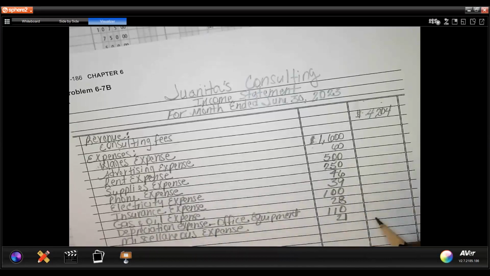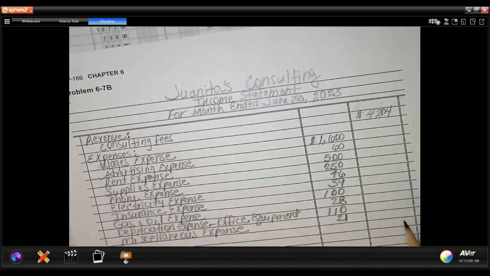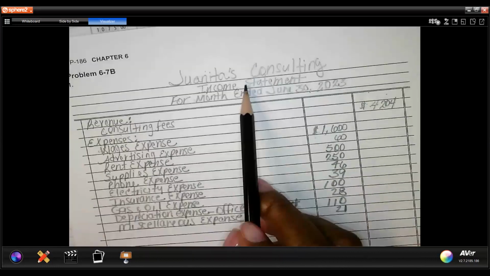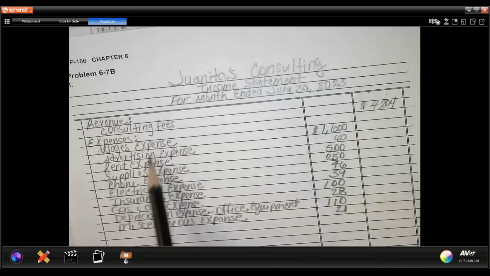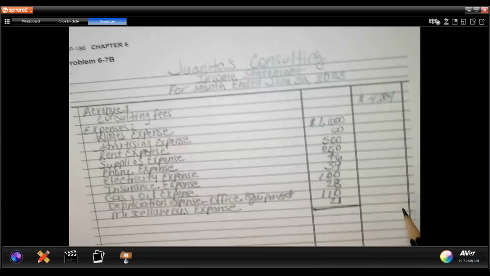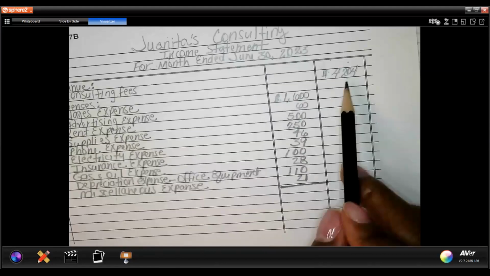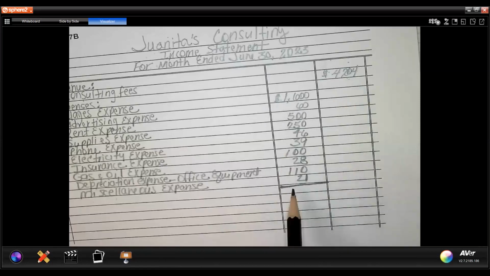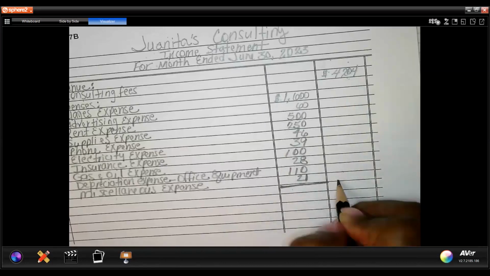So as you can see on our income statement, we listed our revenues, and then of course we listed all of our expense accounts in this order. Okay, so now we're going to total, and we are going to just draw one line over our expense column. We're going to total everything on the right side of our equation. So we draw one line under our expense totals, but we're going to put that total over here on the right side.